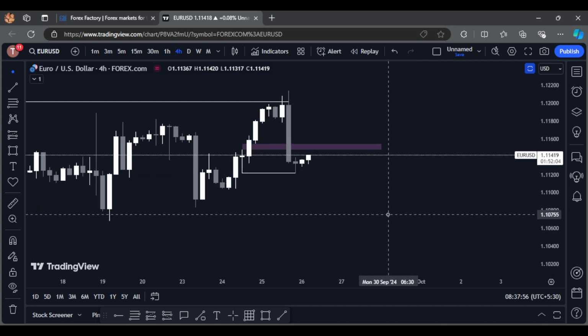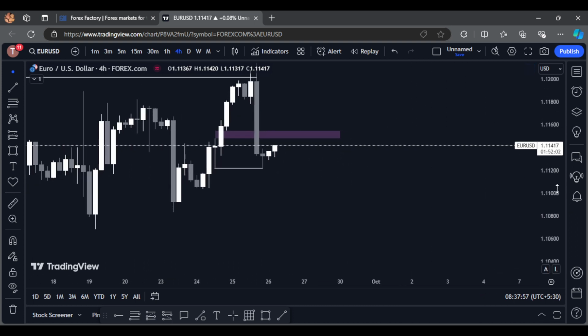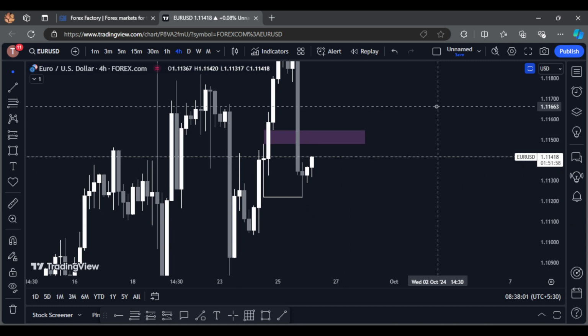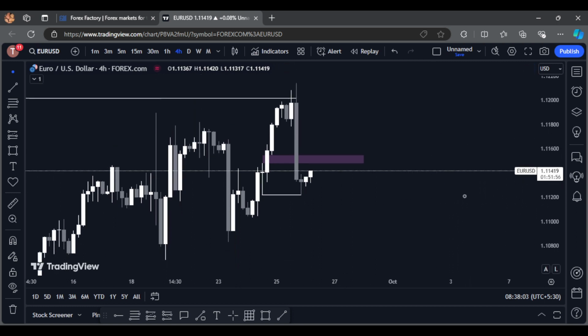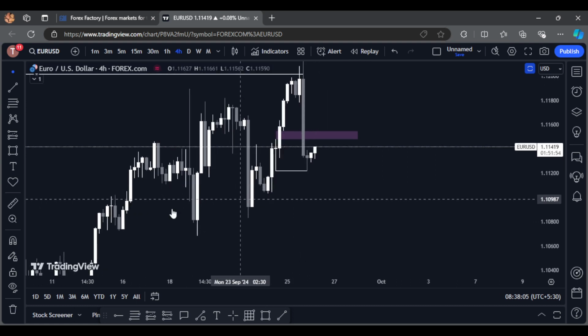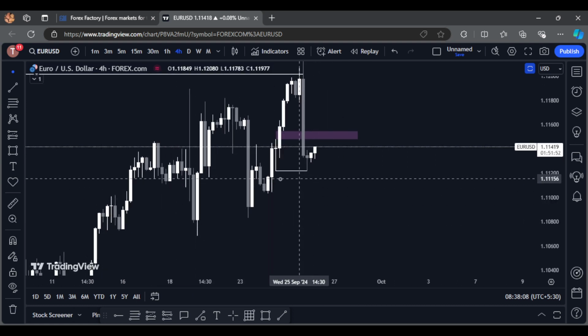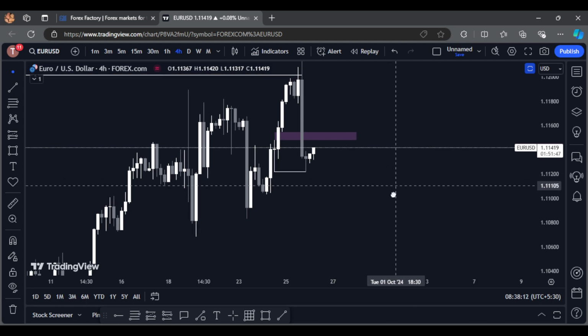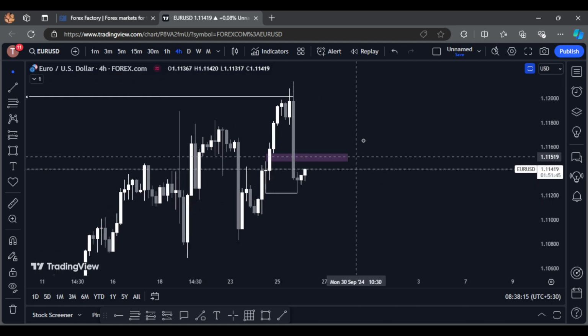This is the 4-hour chart, and this could be a deciding factor for the price to go either higher or lower, because this is some kind of order flow, and the price is respecting the extreme FVG in the market right now, and we are moving further to the upside.